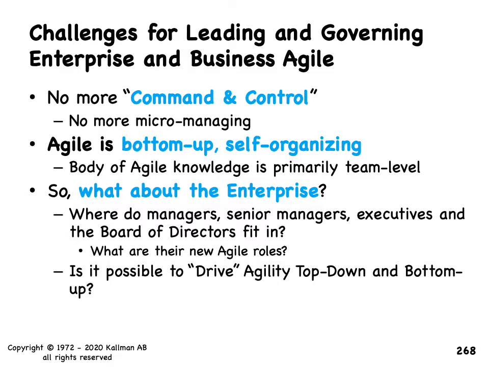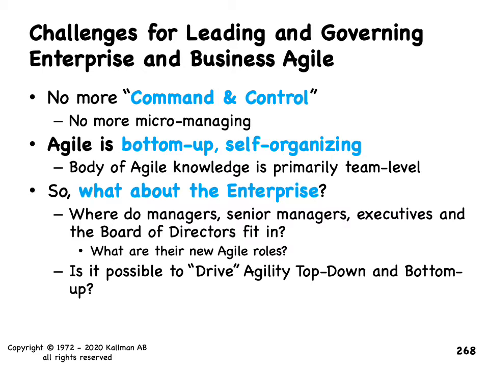Here are a few of the challenges, and what's interesting is that this hasn't changed in the better part of almost a decade, because most of the companies are struggling desperately with command and control. No more micromanaging. Most companies are just having a lot of heartburn trying to let go.